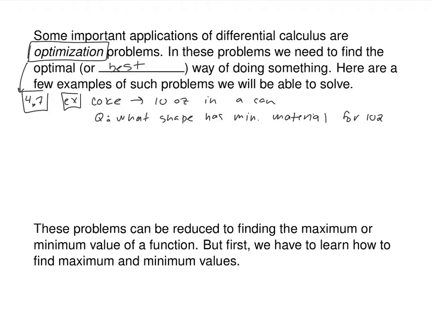Does that idea make sense? Is a tall, skinny-ish can okay, or is short, squat better? What shape should that can be so that you use the minimum amount of aluminum possible, which equates to minimizing the surface area. Does that make sense?